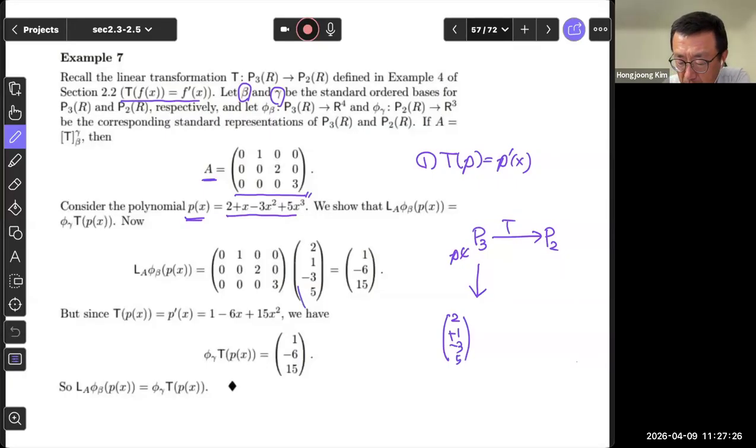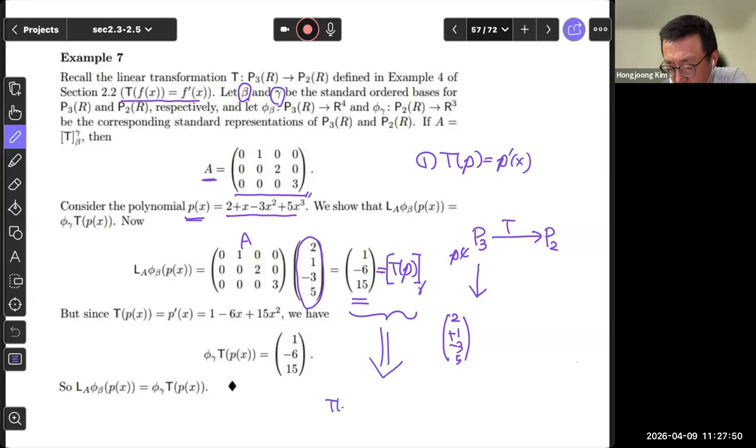So if I multiply this with a matrix A, you get this triple of numbers, and that is the coordinate of the image with respect to gamma. So what does this imply? That T of P can be obtained by a linear combination of the bases in gamma.